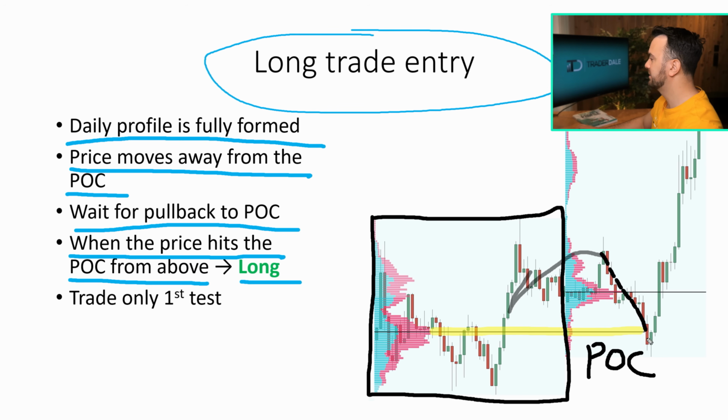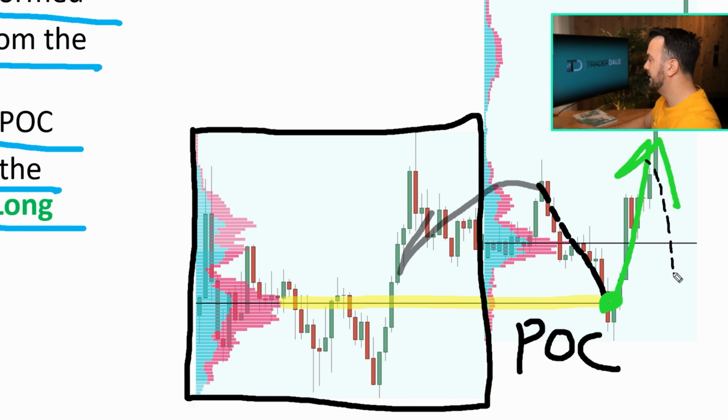That means long from here. And the last thing about this is that you only want to trade the first test. Only the first touch. That means that if, for example, the price returned back to this point of control, then you don't take this trade. Only the first touch, which is in here.